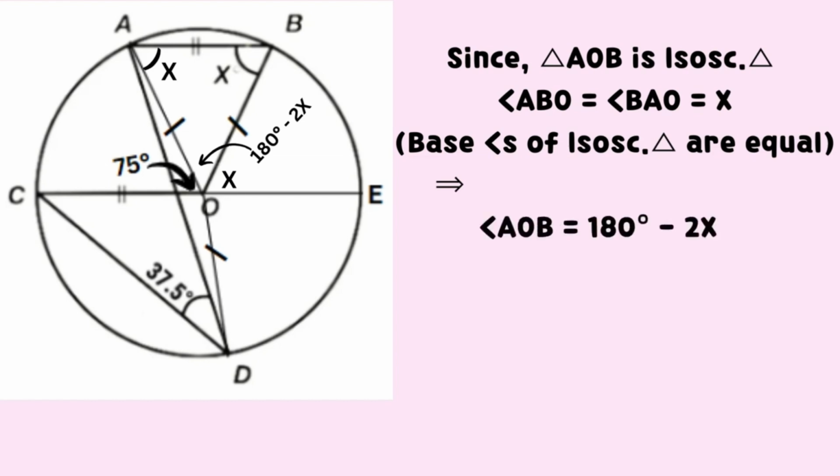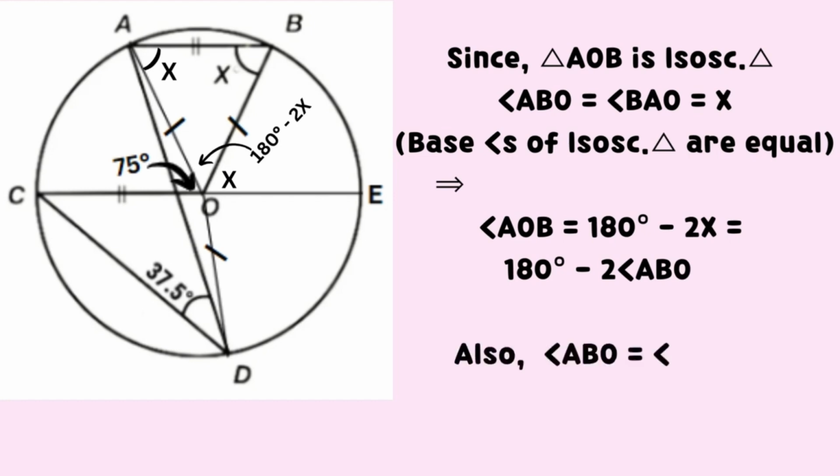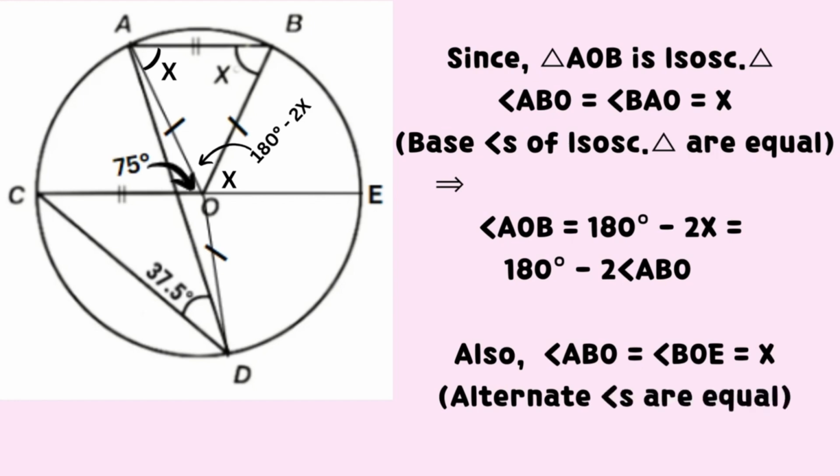This implies that angle AOB equals 180 degrees minus 2 times x. Also, angle ABO equals angle BOE, which equals x. The reason is that alternate angles are equal.